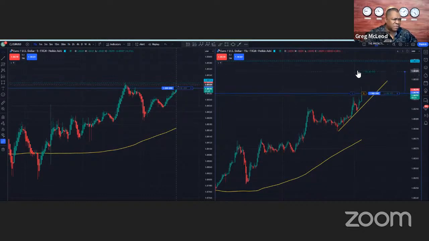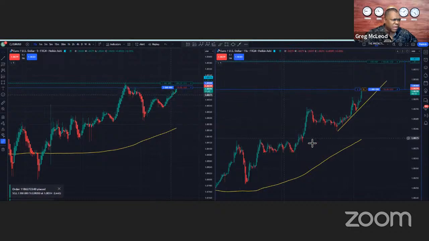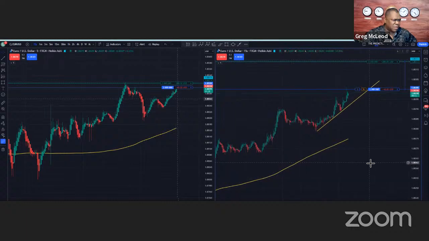Let's see if we can pull out 160. I'm gonna wait for it to hit again. There we go. Now we can see if we can hit 300. Okay. And the euro's been rallying for a bit, so we'll see how much gas it has left.